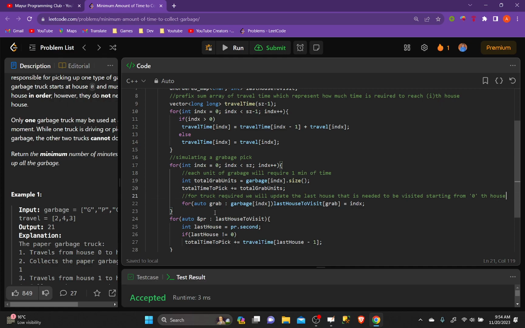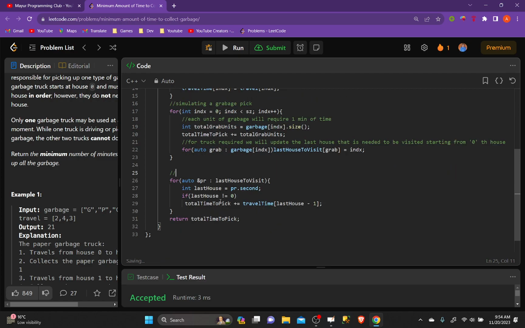And then you will simply add the visiting time it will require for each truck to visit its last house.